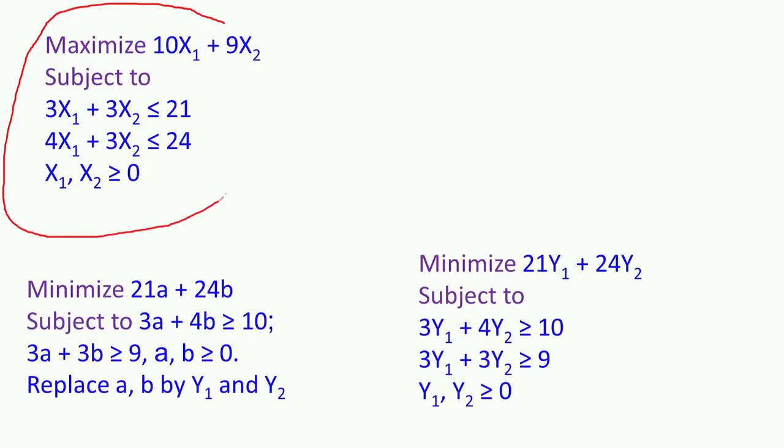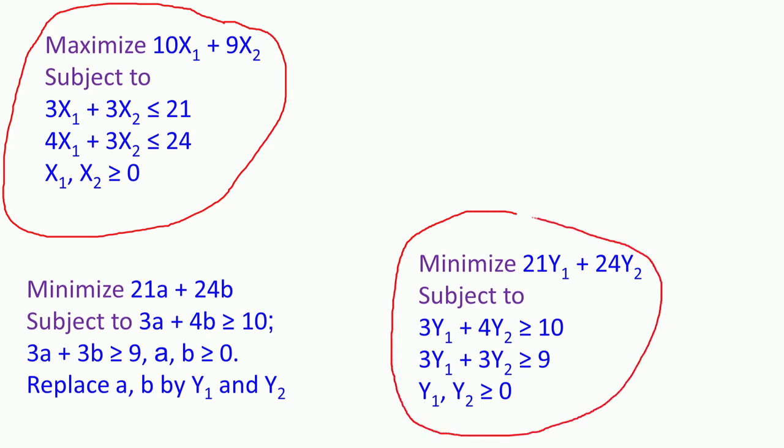So starting from the given problem, which is here, we tried to get an upper estimate of the objective function value, and we ended up creating another linear programming problem which is given here.